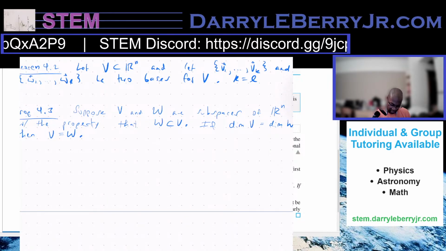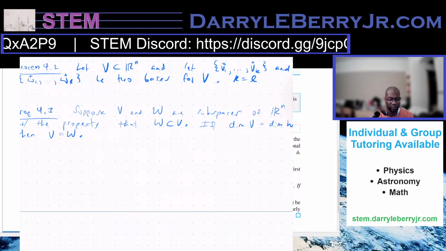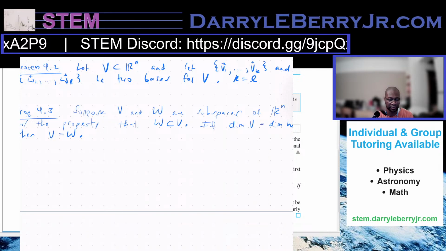Dimensions are equal, one is a subspace of the other, so they should have to be the same subspace.